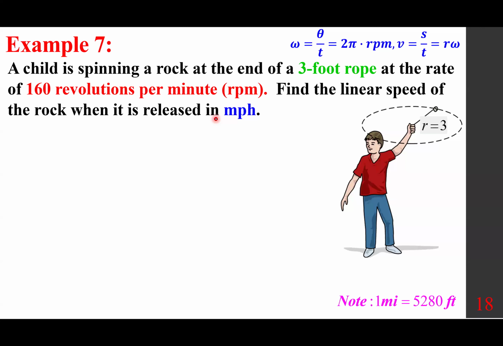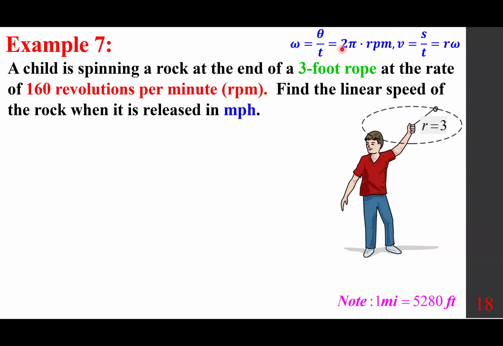You have to multiply the RPM by 2 pi to make it radians per unit of time, whatever they give you. If it's revolutions per minute, then it will be radians per minute. If it's revolutions per hour, then it would be radians per hour. A complete revolution is 2 pi radians.